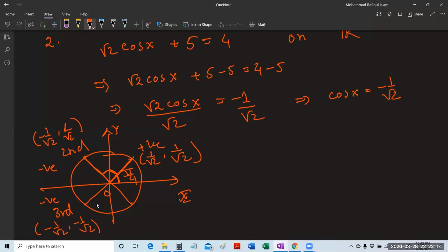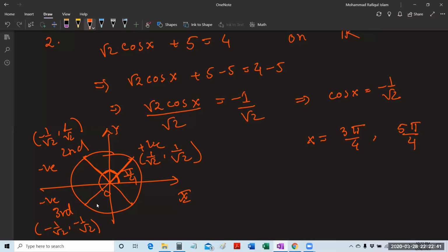And to find the angle, we calculate the multiple of pi over 4. This is 1, this is 2, 3, 4, and 5. So our angle that satisfies this equation will be x equals, the first one is 3 pi over 4, and the second one will be 5 pi over 4.